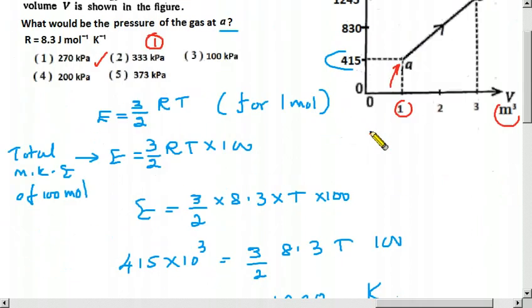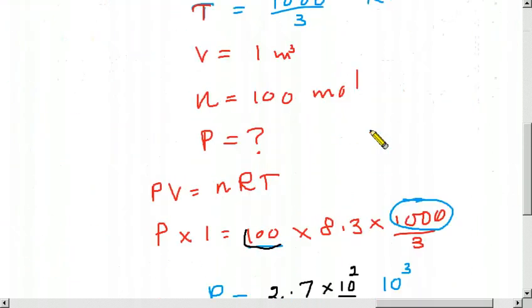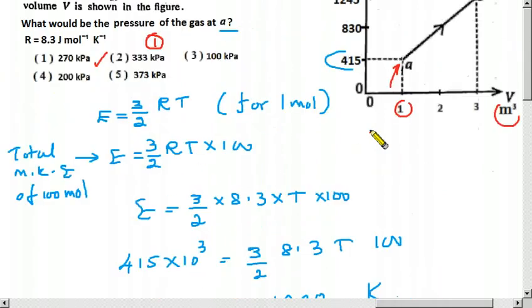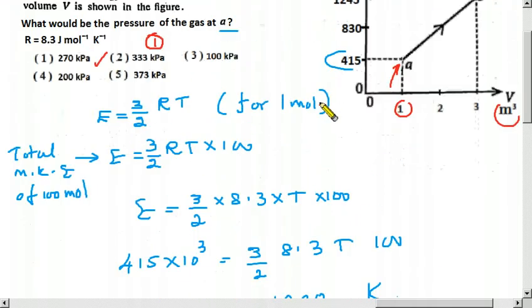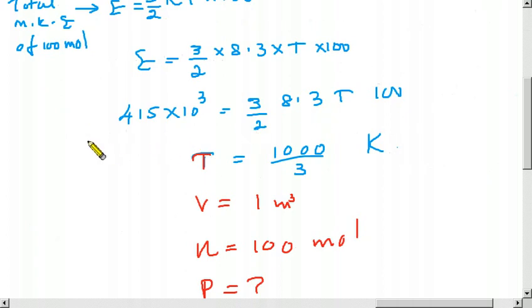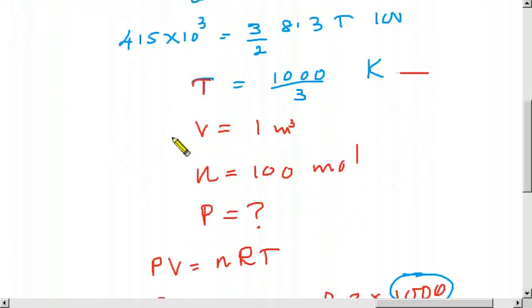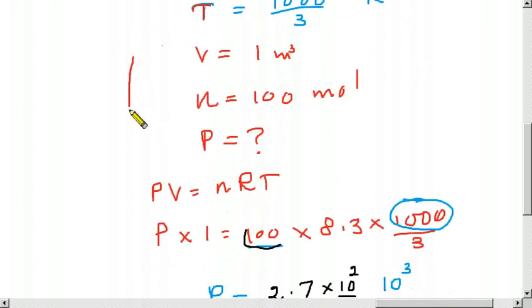So children, I think you can understand, as we have already done this first part in the previous question up to this level. Here we have to do additionally only this thing from here.